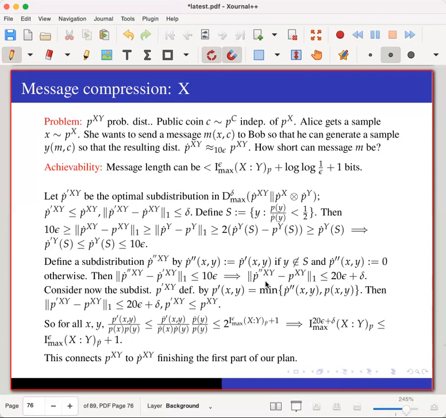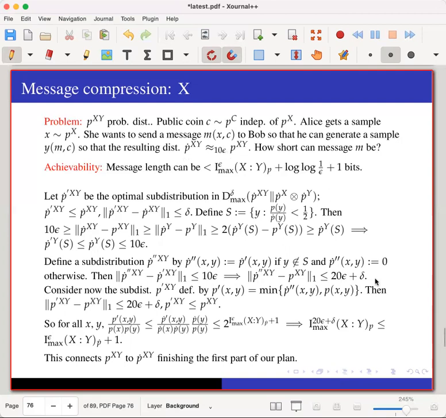I now get that the L1 distance between P dot double prime and P is less than 20 epsilon plus delta. This is the triangle inequality. From P dot double prime to P dot prime is 10 epsilon. Then from P dot prime to P dot is delta, and then from P dot to P is 10 epsilon.